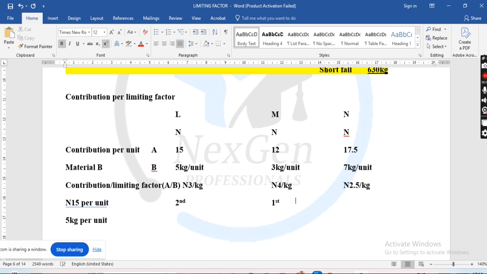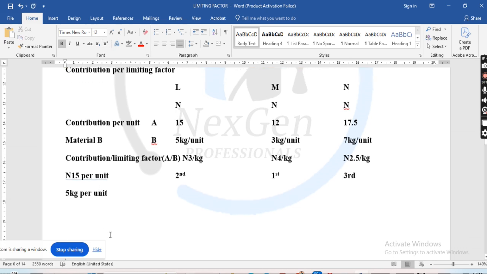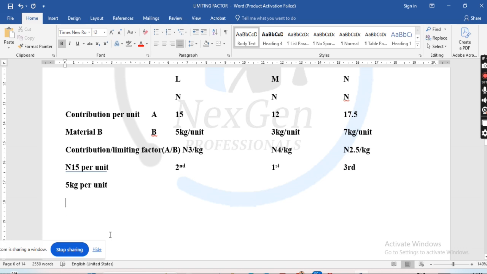So we can have this as third. So we can now do the production mix, because there is no way we do the production mix without ranking or calculating the contribution per limiting factor.